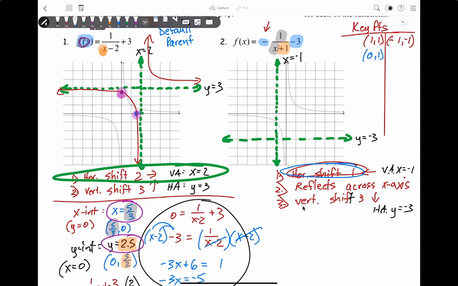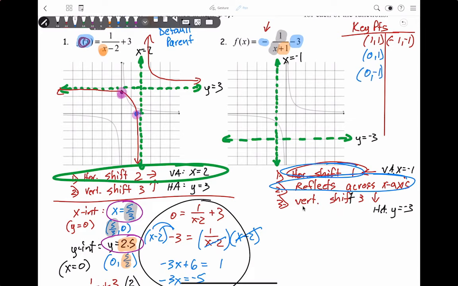Okay, the next thing that I'm going to do is reflect across the x-axis. When I reflect across the x-axis, I'm going to multiply the y value by a negative, because it's a vertical reflection. So that will be 0, -1.